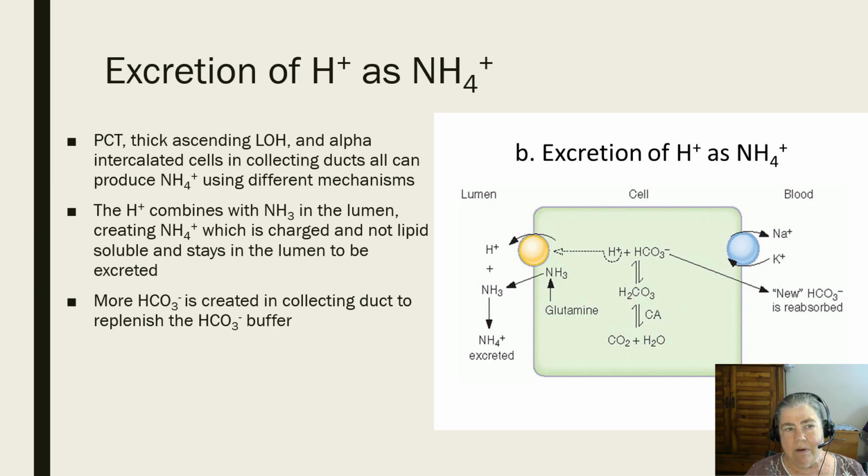The second way we get rid of fixed acid is as ammonium. So in the proximal convoluted tubule and in the thick ascending loop of Henle and in the alpha intercalated cells in the collecting tubules and collecting ducts, we have mechanisms that allow us to take ammonia that is in the lumen and combine it with a hydrogen ion, and that creates an ion, NH4 ammonium, which is not lipid soluble, stays in the lumen, and is excreted.